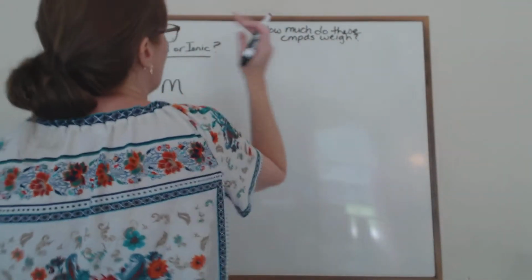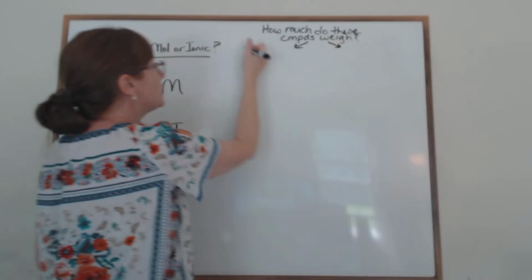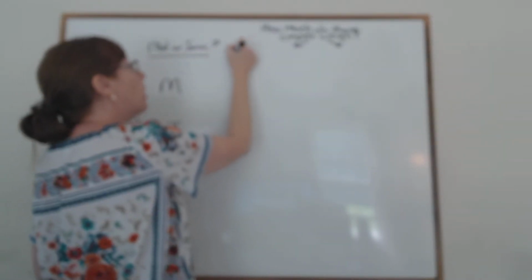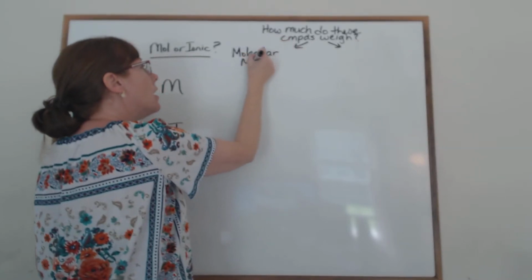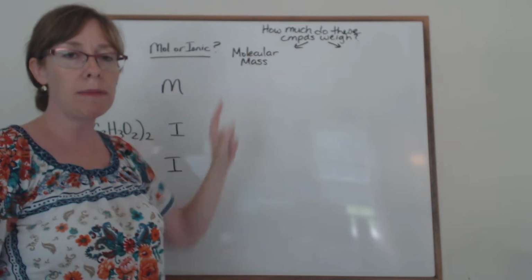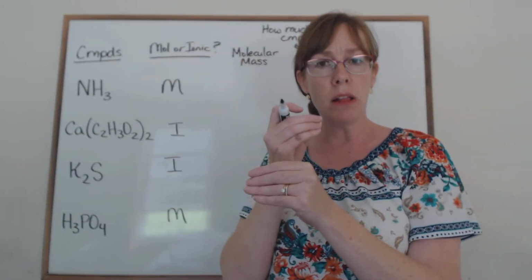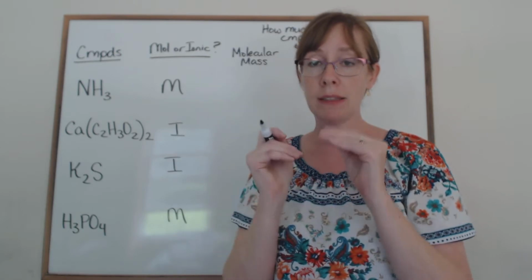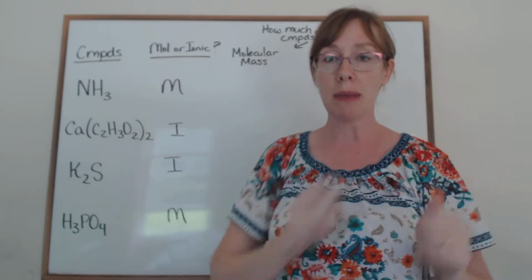I'm going to split this into 2 because it's really 2 ways of looking at it. The first thing I want to talk about is what we call the molecular mass. The molecular mass is just the mass of a molecule. I'm not going to write that because I'm running out of space, but you could put that in your notes. And really all that it is, is the sum of all the atomic masses.